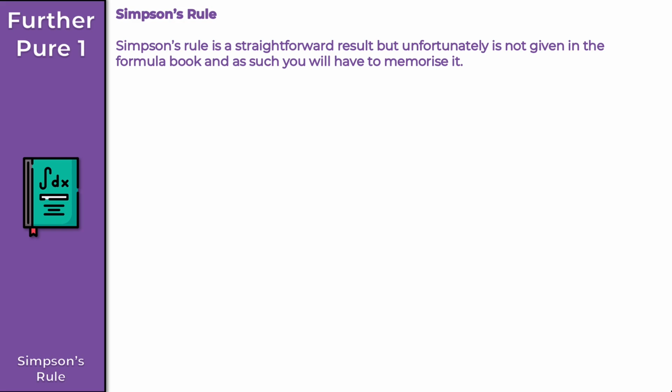And as such, you will have to memorize it. Now, I personally find this quite stupid, given that the trapezium rule is given in the formula book. Simpson's rule isn't for some reason. I don't know why that is the case, but unfortunately, it's just one of those things. So we will have to just memorize Simpson's rule. So for Simpson's rule, for 2n strips of width h, this is given by the following result here.